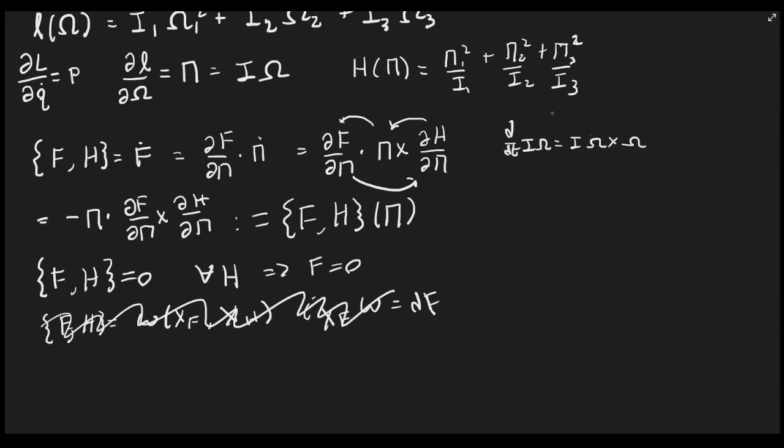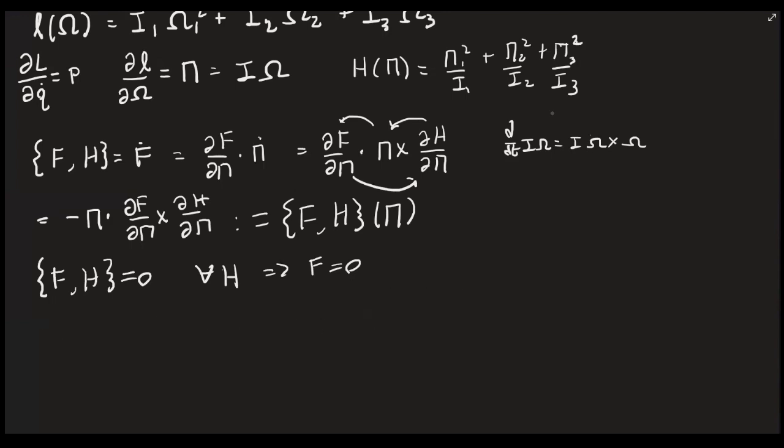Okay, but we don't have a symplectic form on R3, which means there's going to be a degeneracy. And it's pretty easy to see what it will be. You take C equals 1/2 pi squared. Then its gradient will just be pi.